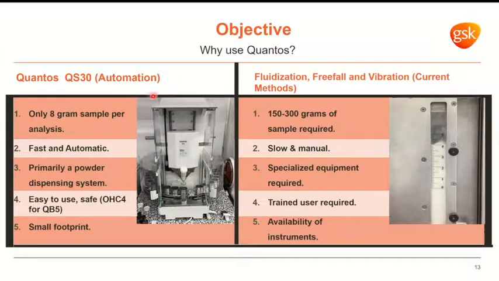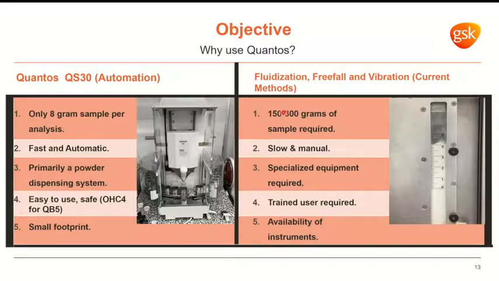The first thing is that the automation system that I have worked on requires only 8 grams of powder for each analysis, whereas the fluidization, free fall, and vibration mechanisms that I talked about earlier can need from 150 to 300 grams of sample, depending on the type of method that we are using.